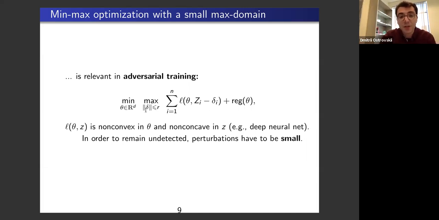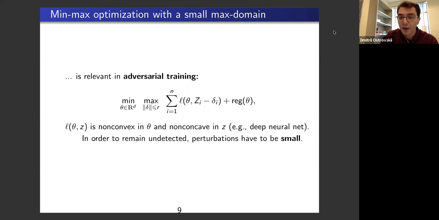In adversarial training, if you think about an ERM type objective, then you minimize the adversarially perturbed objective, where the loss functions are non-convex in your parameter theta. Theta is in the role of x, and typically non-concave in your perturbation. So if you think about robust training of deep neural nets, for example, this will be the case.